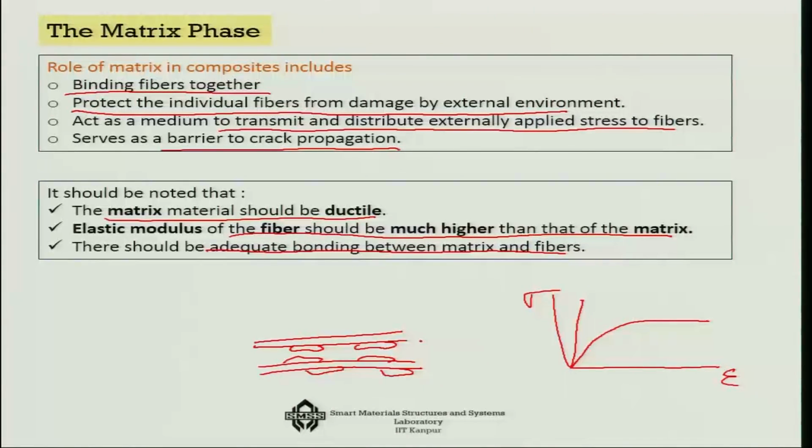This happens either when the fiber spacing is very low, or due to the nature of the matrix that it cannot wet the fiber surface. So the contact angle matters in that case. In both cases there will be debonding, and as a result the strength of the composite will drastically come down.